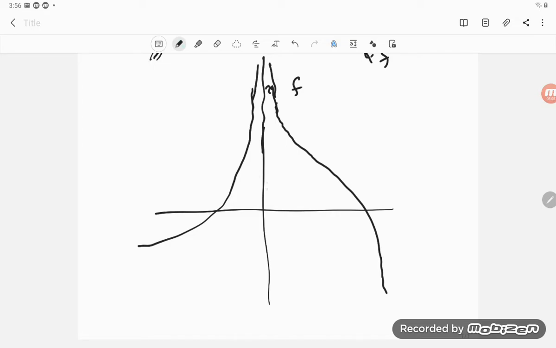And so the derivative, there's a first order critical number right here at the origin, but what I know is f of 0 is undefined. And so automatically f prime and f double prime are undefined.